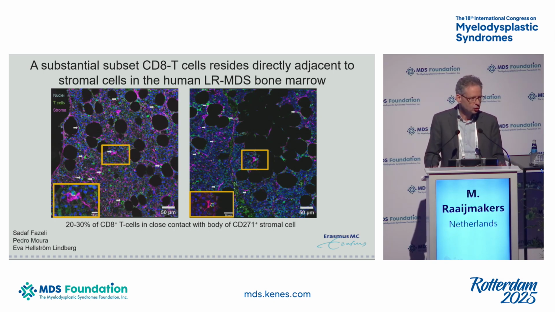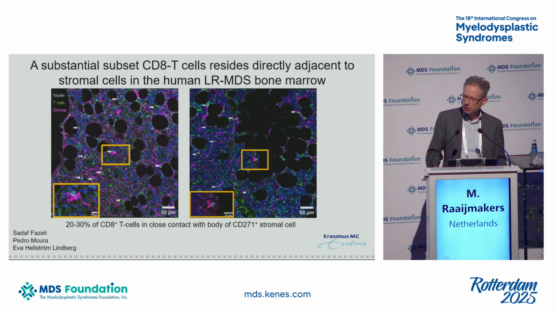And these are 2 representative pictures showing you that there is an intimate anatomical relationship between these cells. Based on this data, we estimate that about 20 to 30% of CD8 T cells in the MDS marrow are very closely connected to stromal cells, here identified by CD271 as a marker.